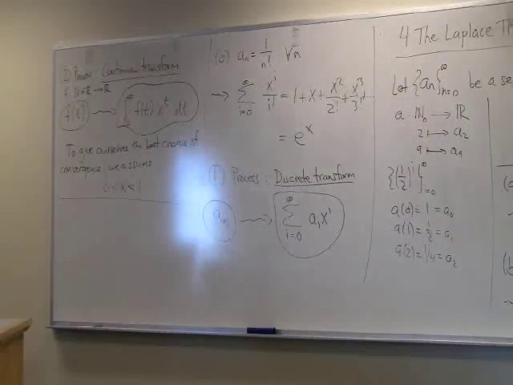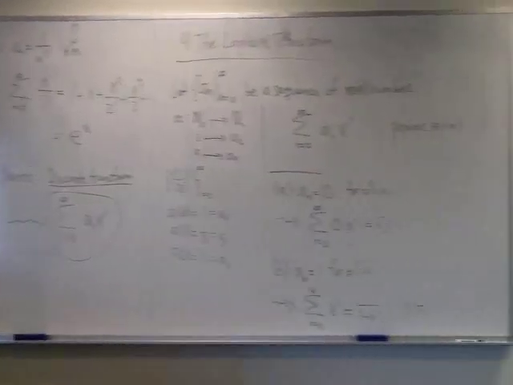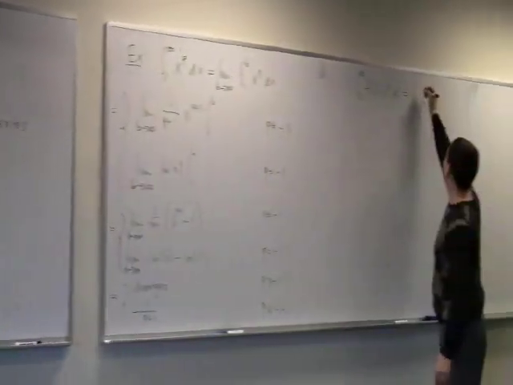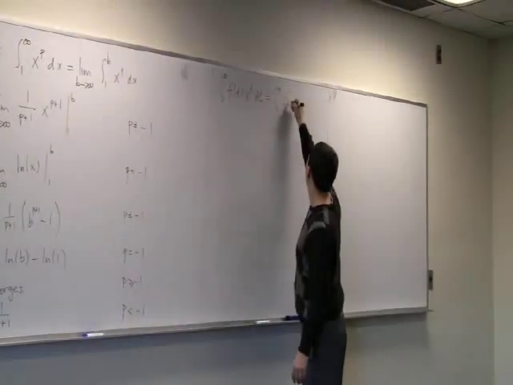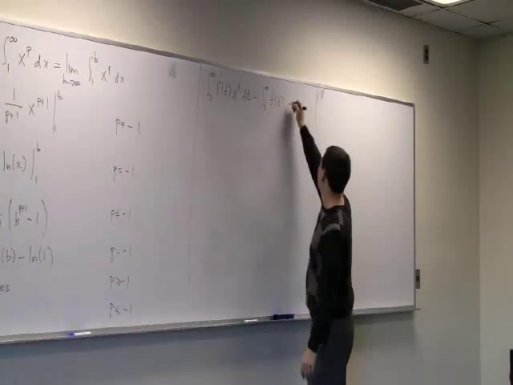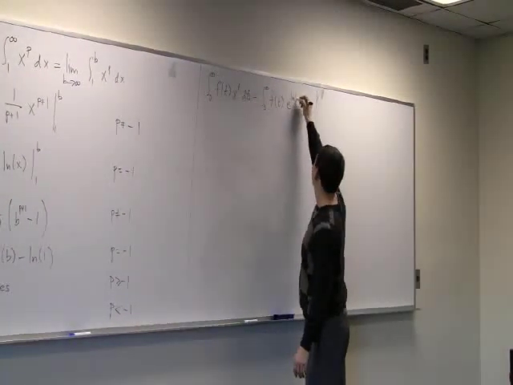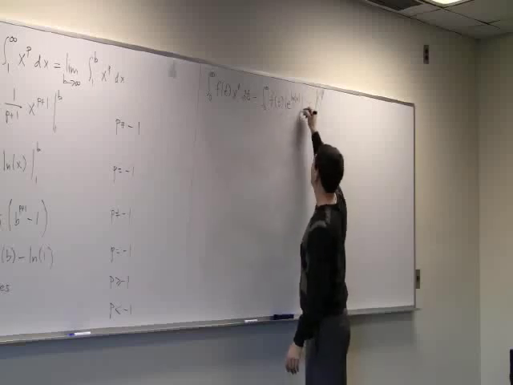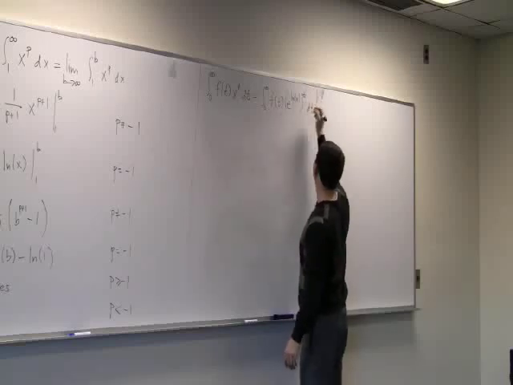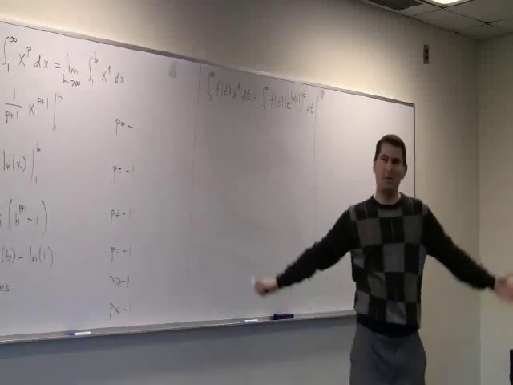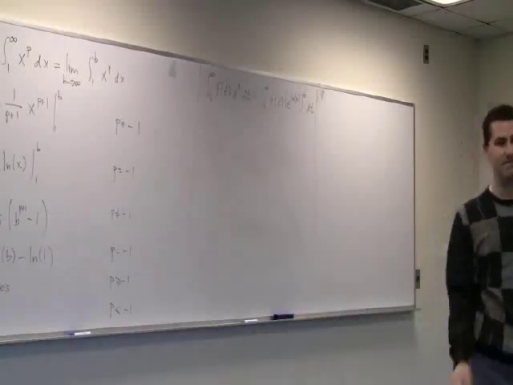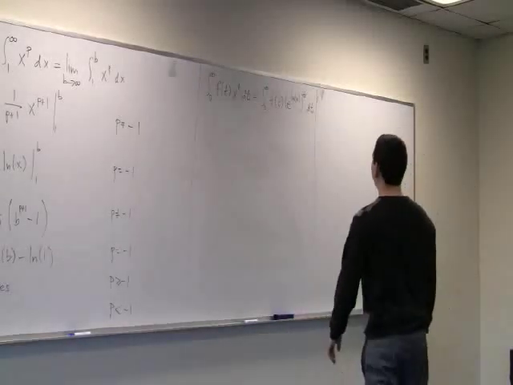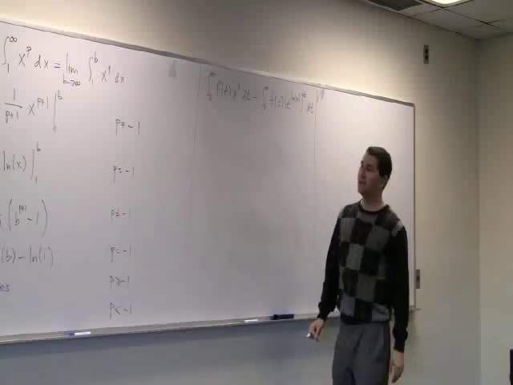Okay, so to introduce e into this game, I play a really nasty trick. I write x as e to the ln of x. Of course, I'm allowed to do this. And of course, why am I really allowed to do this?